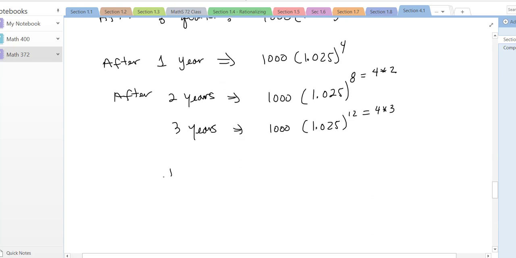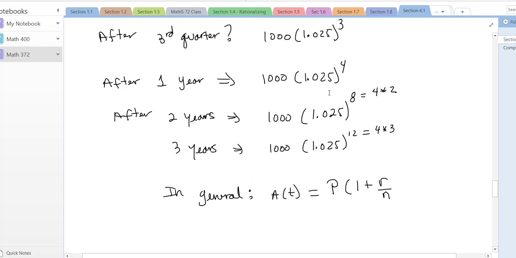So in general, the amount at any time t is going to be the principal times 1 plus the interest rate. And if it's compounded on something other than annually, we're going to divide by the number of times compounded in a year.